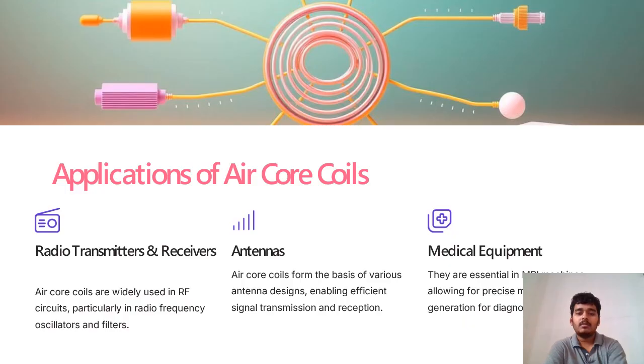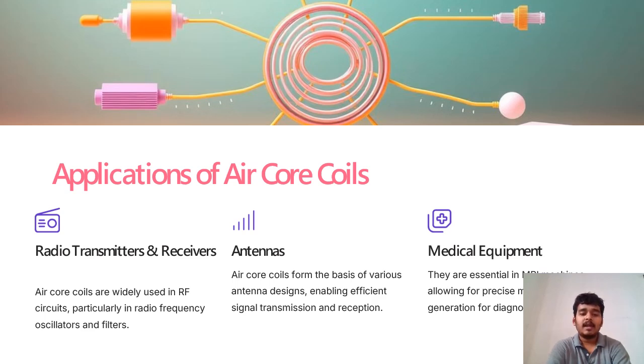And coming to applications of air core coils, these are used in a wide range, including radio, antennas, and medical equipment. Let us know one by one.